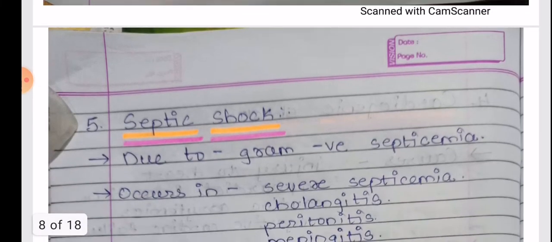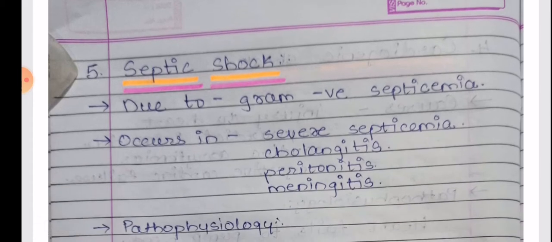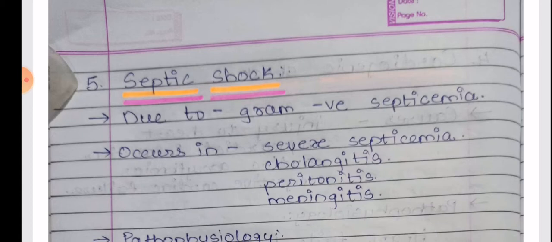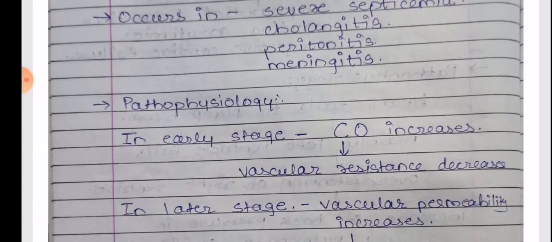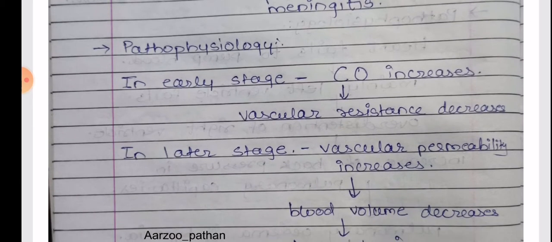Then we move on to the next type of shock, which is septic shock, which is due to gram-negative septicemia, occurs in severe septicemia, cholangitis, peritonitis, and meningitis. So here the basic cause and the etiological factors are bacteria. Pathophysiology. In the early stage, the cardiac output increases, which leads to vascular resistance decrease.